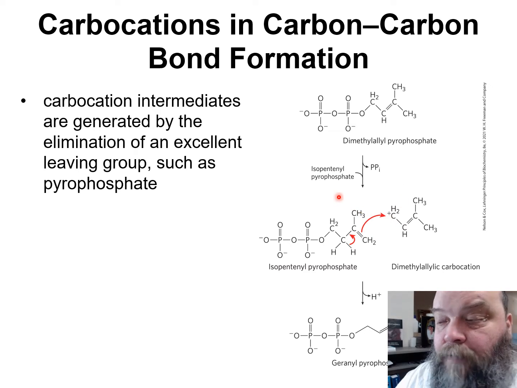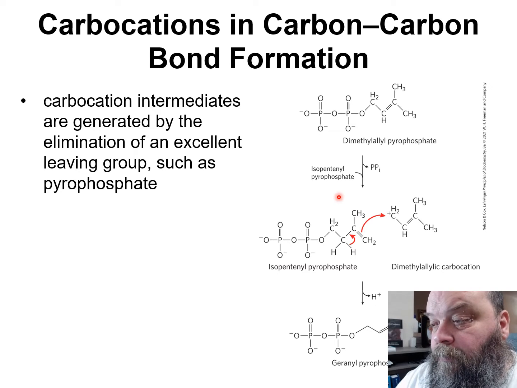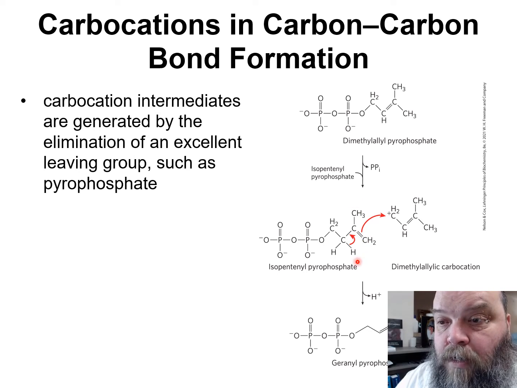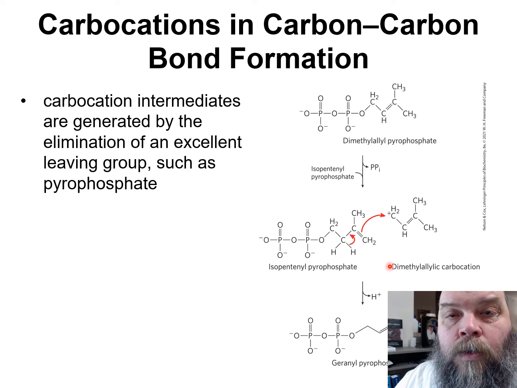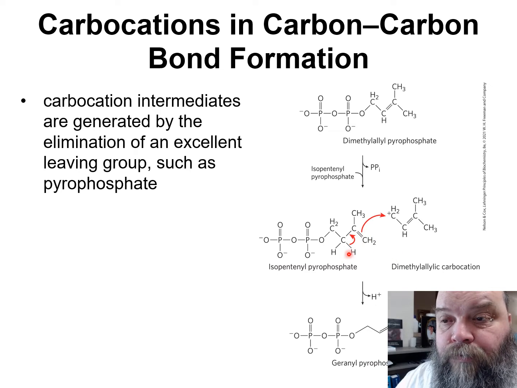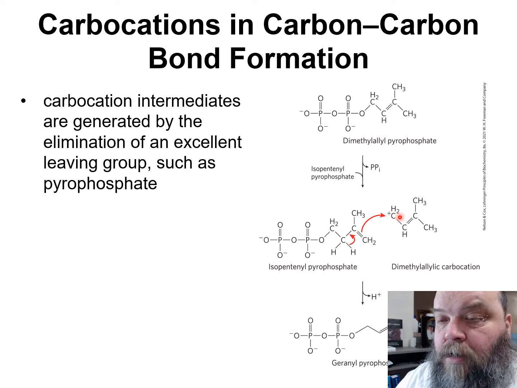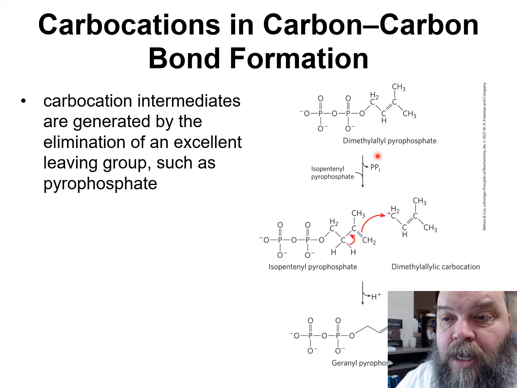You're bringing in isopentyl pyrophosphate, which is quite reminiscent, but the difference is right here: dimethylallyl has this carbon-carbon double bond, which is lacking here. It's actually a terminal carbon-carbon double bond, which is going to be good because of nucleophilic attack from this carbon to that carbon of the incoming chain.